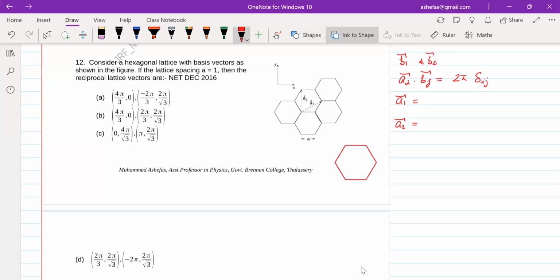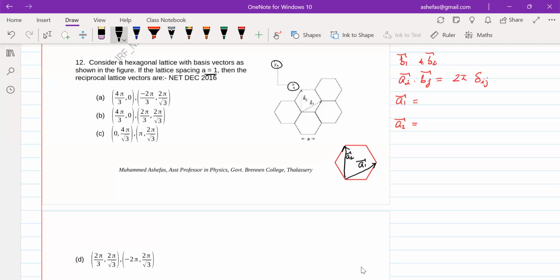So we have a hexagonal lattice. This is represented as a1 and this is represented as a2. All sides are of unit length 1. So a1 can be written like this. Here the right side is taken to be x and the upper is y.